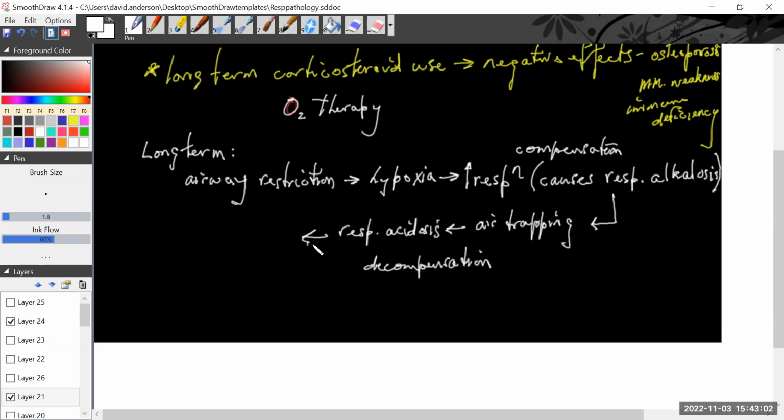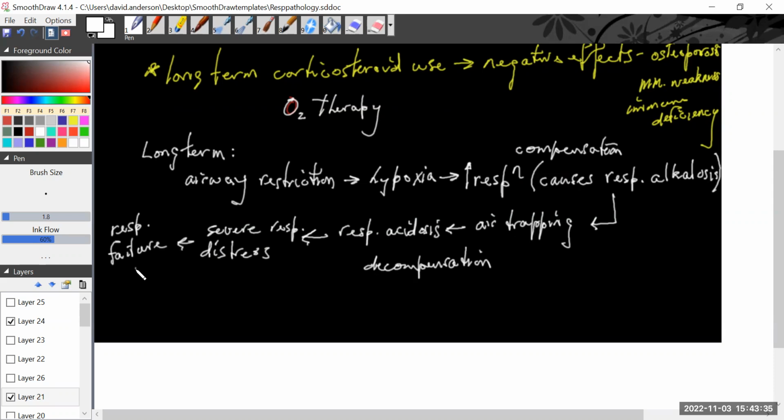And respiratory acidosis is going to have a dramatic effect on the control centers in the brain for regulating ventilation. So we're going to have severe respiratory distress because the signal is still going to be to try to increase respirations, but it's not effective. So now we've essentially described respiratory failure.